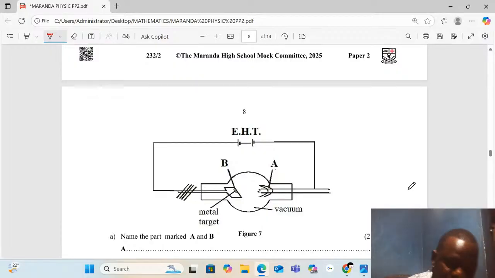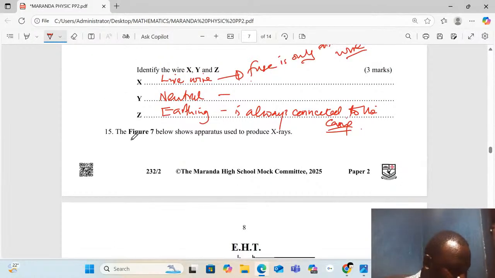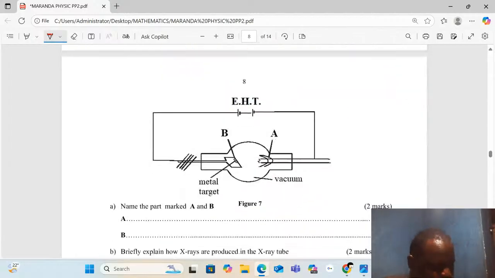We have our next question. We are told that Figure 7 shows the apparatus used to produce X-rays. Then we have the diagram there.